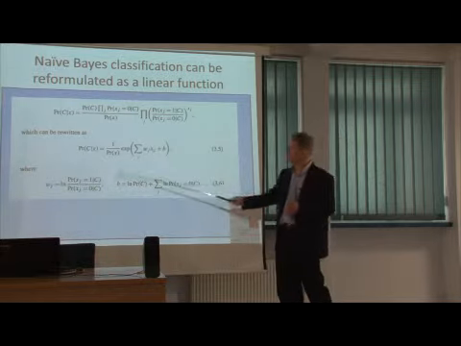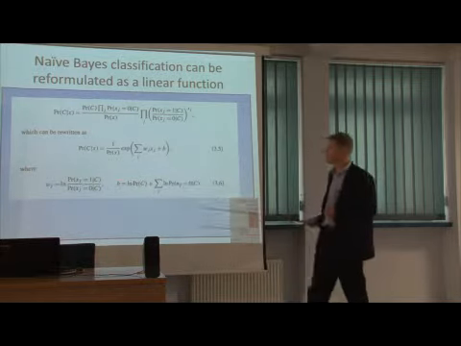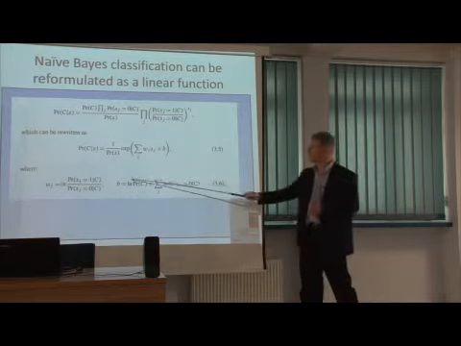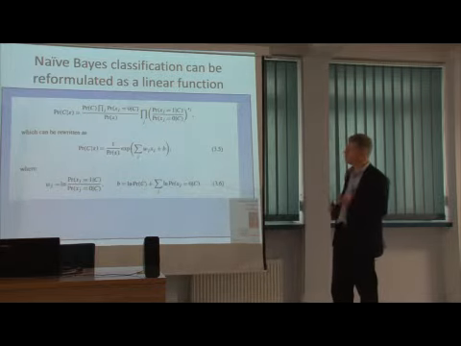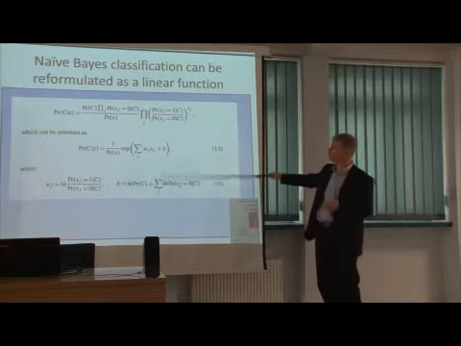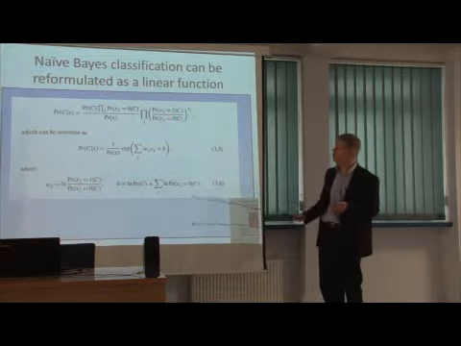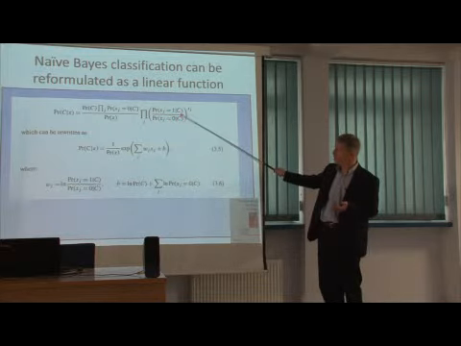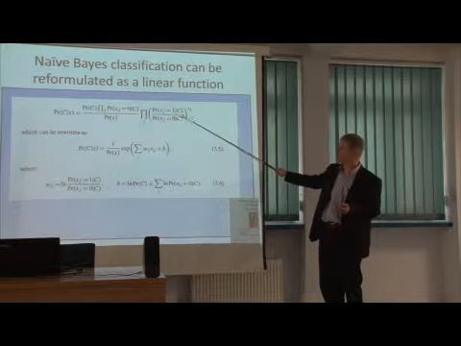The weights are given by these formulas, and the bias can be computed as a constant based on this summation. We do not have time to do the full mathematics behind it, but it's certainly accessible to any of you.